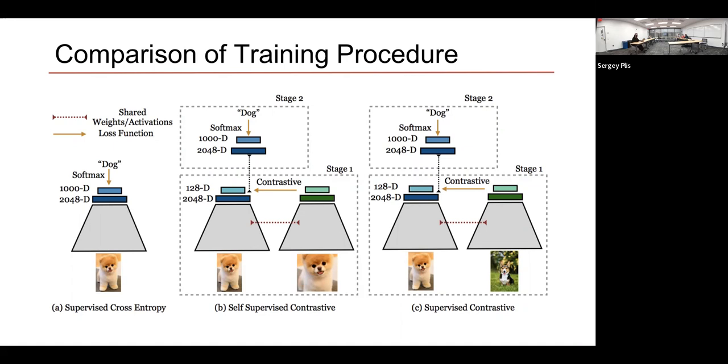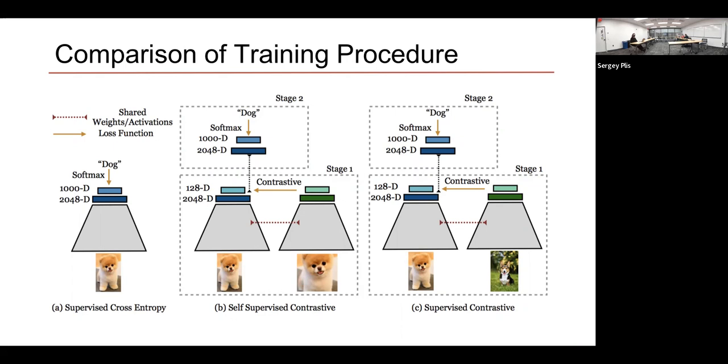And for this self-supervised contrastive setting, they are using the same encoder, but they are trying to form pairs of positive and negative samples from the same batch. In their case, only one positive pair is possible, through data augmentation.